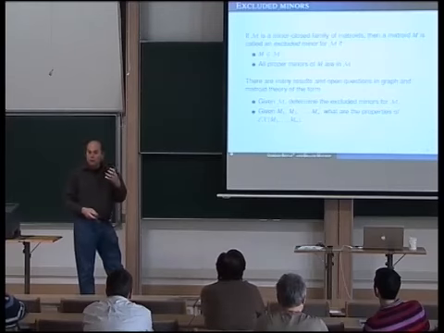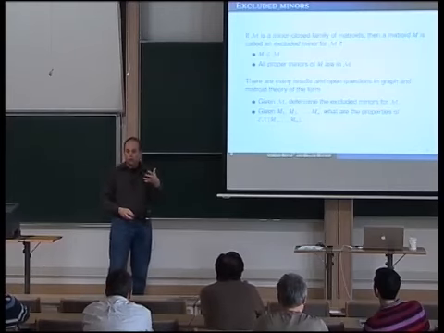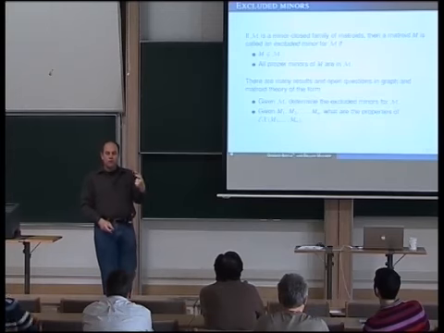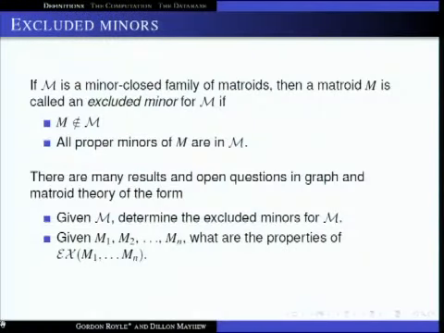And binary matroids were characterized by Tutte more than 50 years ago as precisely the matroids that do not have U_{2,4} as a minor. And a lot of the theory of matroids is, given a minor closed class, find the excluded minors. And then conversely, given some minors that you don't like, can you say anything about the properties of the class you get when you do exclude them?